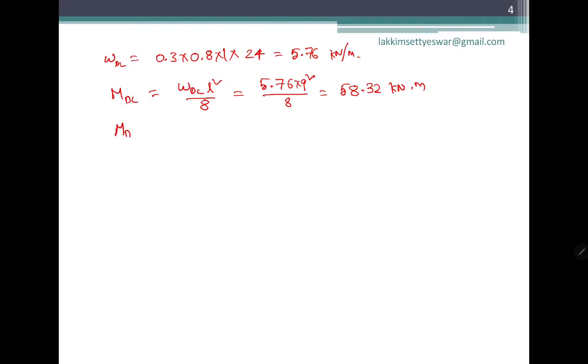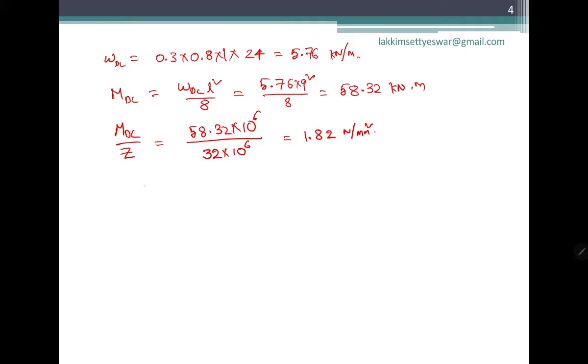The formula is M_DL/Z, that is equal to 58.32 into 10 power 6, where I converted kilonewton meter into newton mm, divided by Z, the section modulus, 32 into 10 power 6 mm cubed, that is equal to 1.82 newton per mm squared.